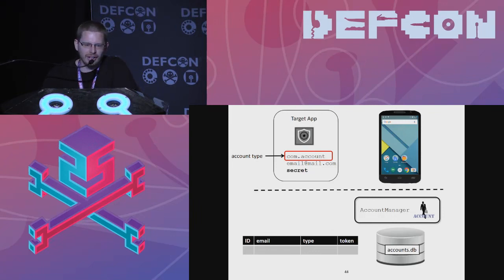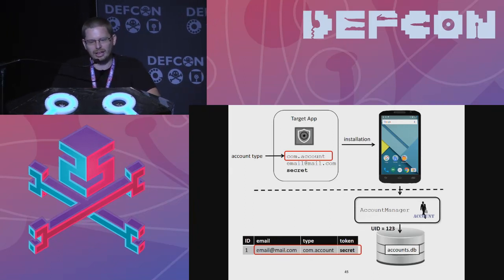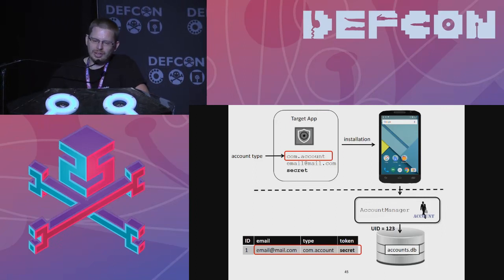It's an identifier for the database row entry. We have our email address and in this case our secret password. So the application will be installed, the account manager API enters everything in the account database. There's also an association between the app and the database and the UID so that the API can identify the corresponding application to the matching database entry.